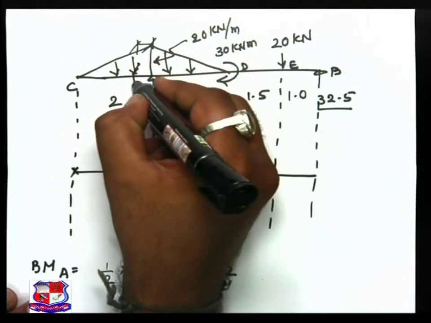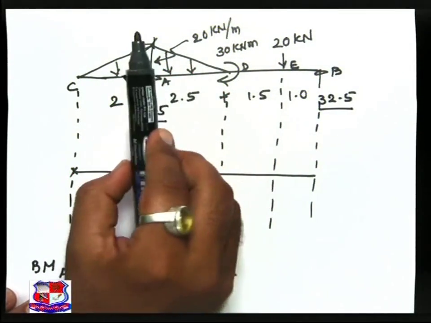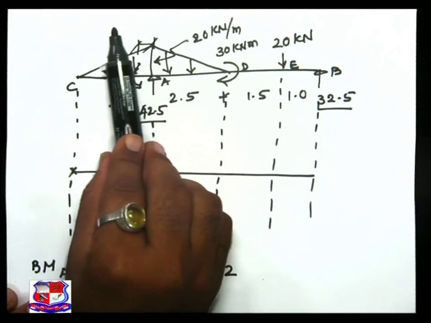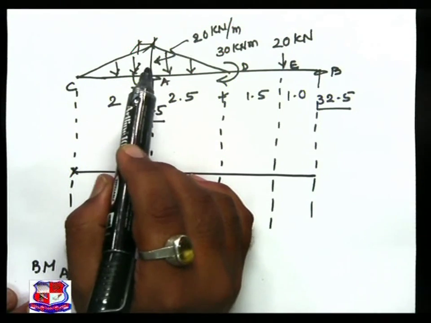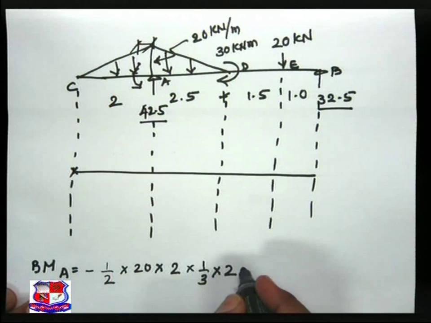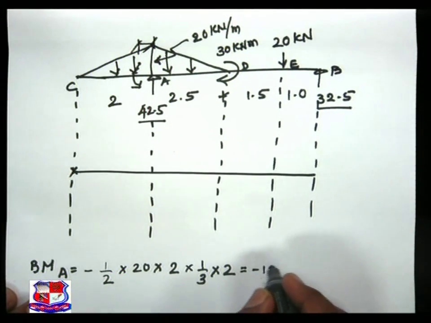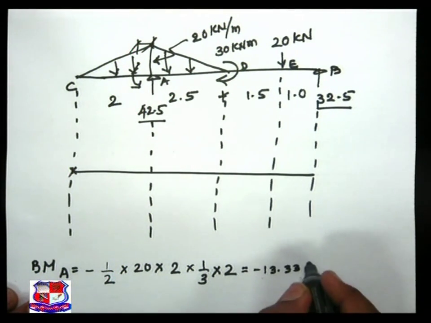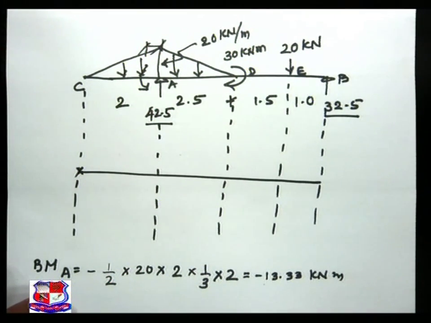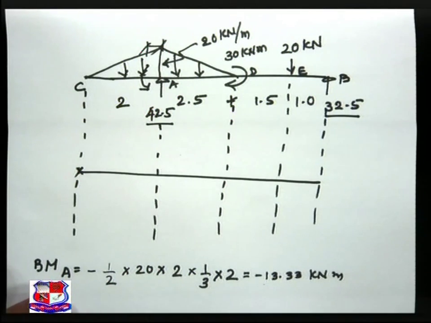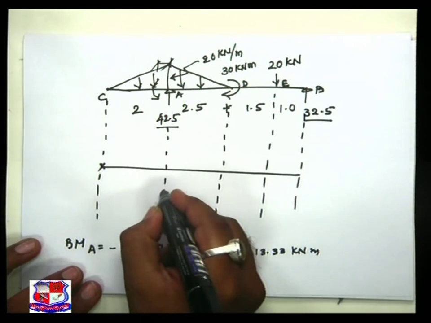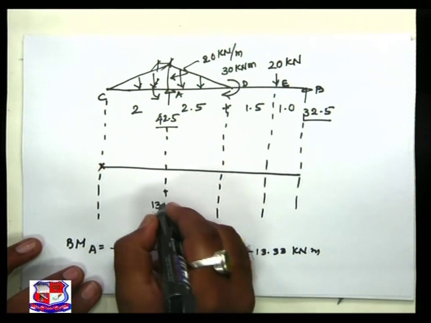This load creates an anticlockwise moment, but repeat, section left, anticlockwise is treated as negative, and this gives us minus 13.33 kilonewton meter. This is the moment acting at A.